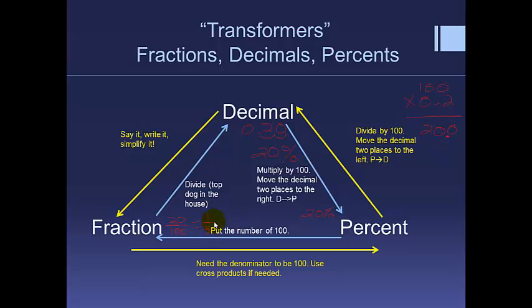Okay, so 1/5 needs to turn into a decimal. The easiest way for this is top dog in the house. And again, notice I'm going in this clockwise direction. So I'm taking my 1/5 and I'm going to divide. Top dog means the number on top goes in the house, and then 5, the denominator, is at the door.